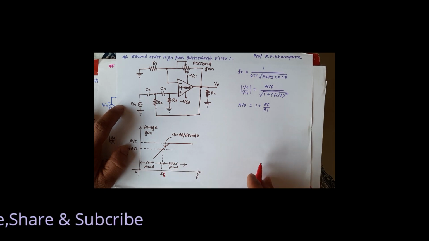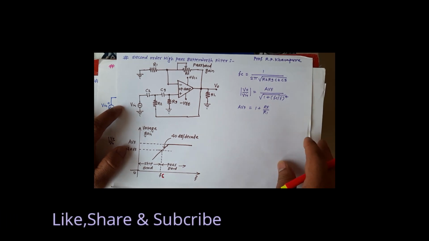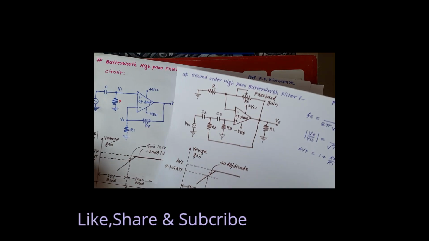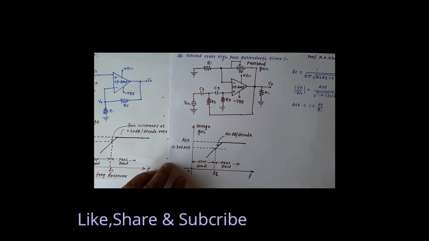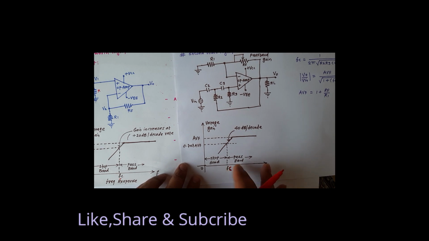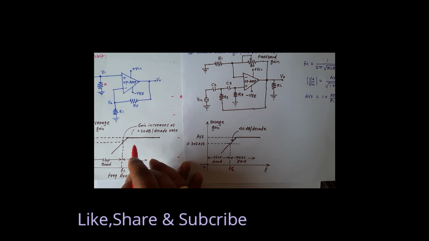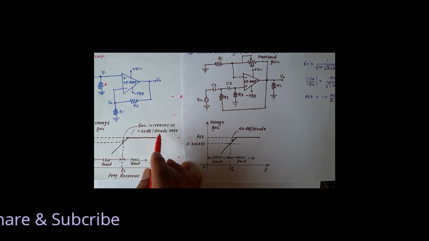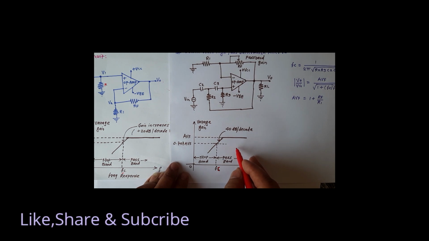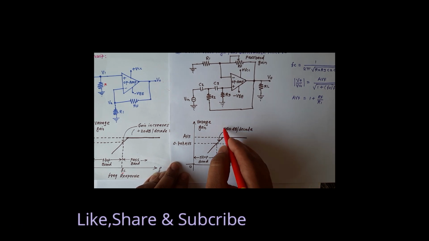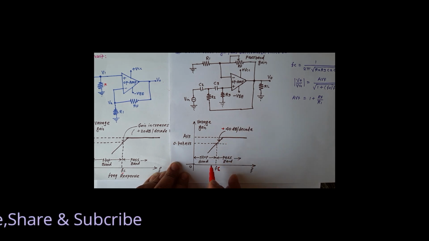After that, when the frequency increases, its gain increases, right? If you compare the first order and second order high pass filter responses, in the first order the gain increases at the rate of plus 20 dB per decade, and in the second order the gain increases at the rate of plus 40 dB per decade.